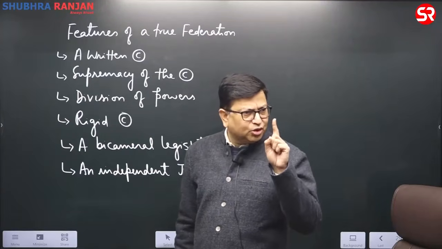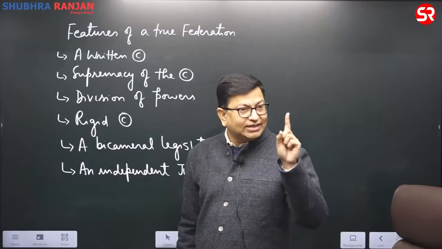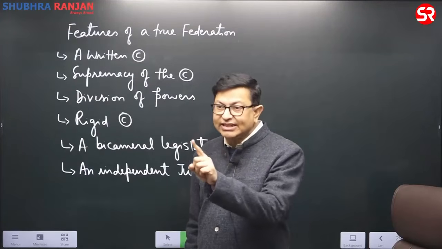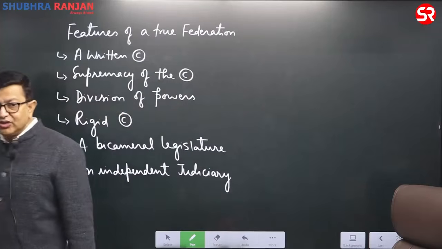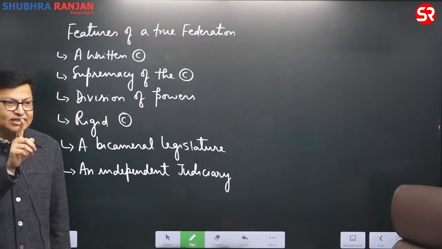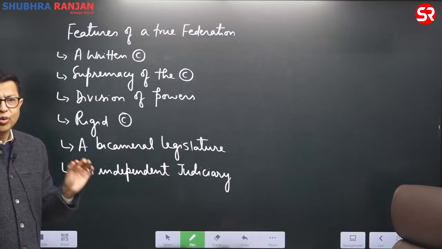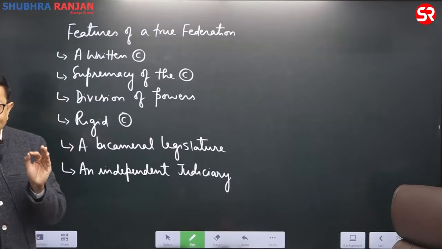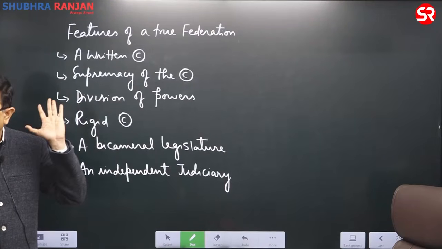The constitution should not be easily amended. The process must be a bit rigid. Otherwise, it will become a plaything in the hands of the center. Then a bicameral legislature. One house will represent the popular will and the other house will represent the states. And an independent judiciary. Why? To arbitrate the disputes that may arise between the center and the states or between the states themselves.